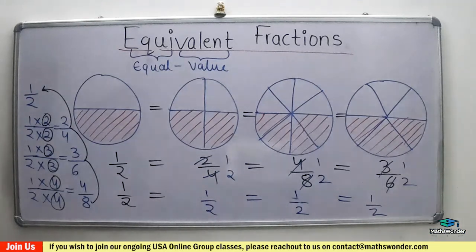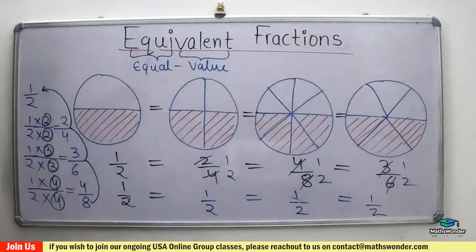But please note that if the numerator and denominator of a fraction are multiplied or divided by the same number other than 0, then you will get an equivalent fraction, but addition and subtraction do not give equivalent fractions. Okay, this is very important. Only multiplication and division will give it.